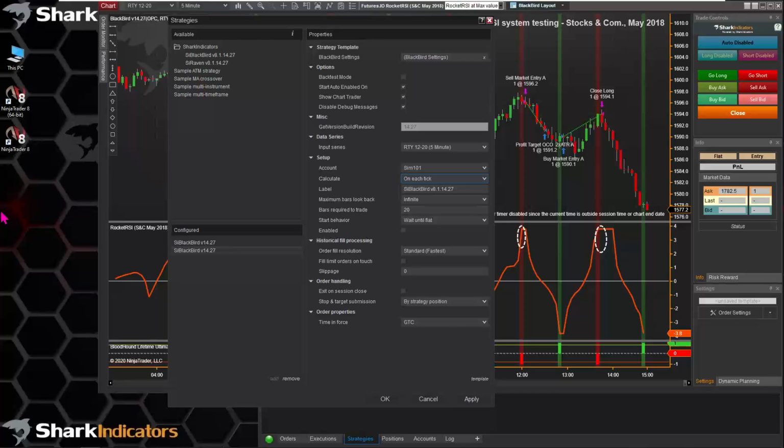Let me clarify, since Jeremy touched on this question before: does Bloodhound Blackbird work with any third-party indicator? Yes, it does, as long as that indicator outputs data. Not all indicators output data.